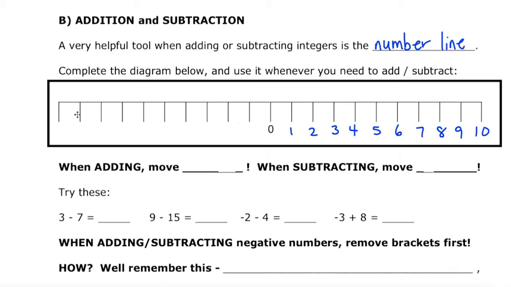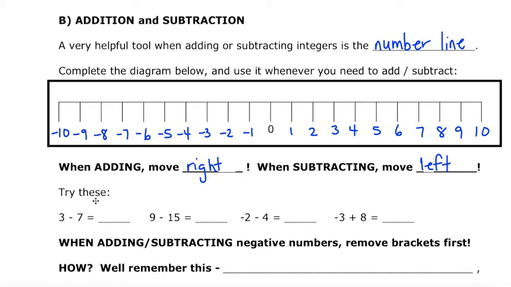And we have our negative values on our left-hand side. So -1, -2, -3, -4, -5, -6, -7, -8, -9, and -10. When we're adding numbers together, we are moving towards the right. And when we're subtracting numbers, we are moving towards the left.